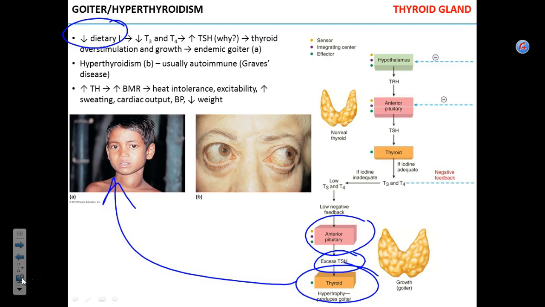Okay, now, what would be the overall symptoms of iodine deficiency in relation to the thyroid hormone effects? Think about BMR first, because it's the main. So BMR is going to be low. Low TH means low BMR. Low BMR means you are tired, lethargic, sluggish. Does that make sense?